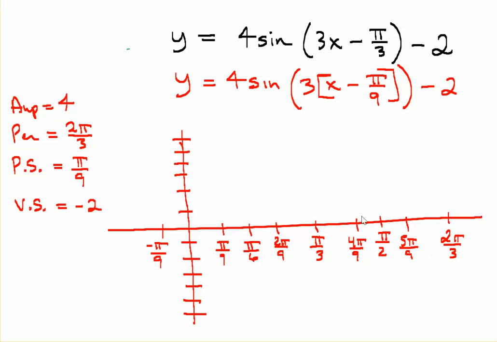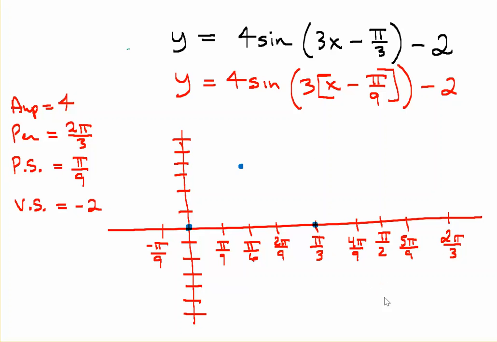All right, so let's see. We have a sine curve on our hands, so that means I start off with 0. That's nice. My period is 2 pi over 3, so that means a quarter of the way through, it's going to be at 0.7. At pi over 3, it's going to go down to 0.